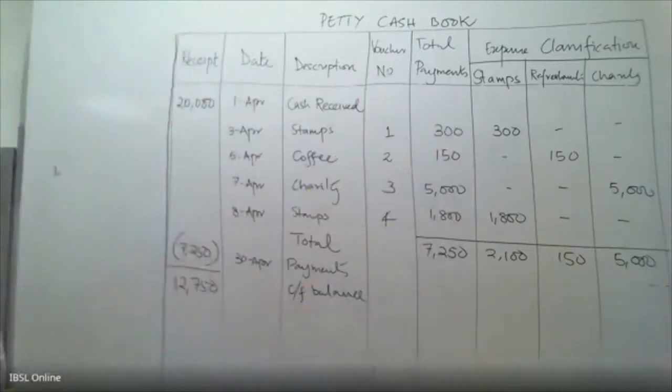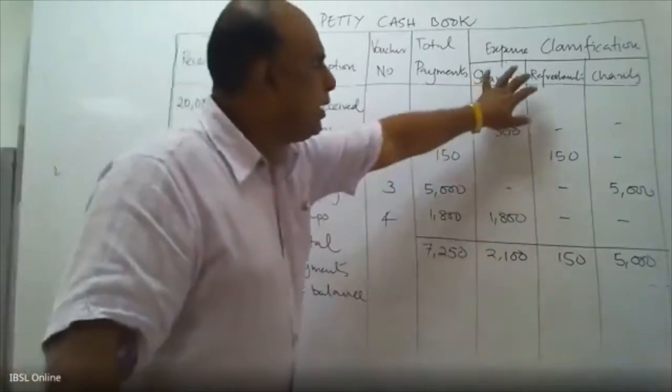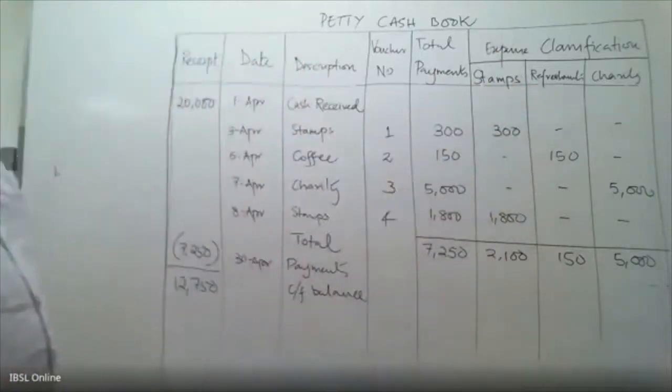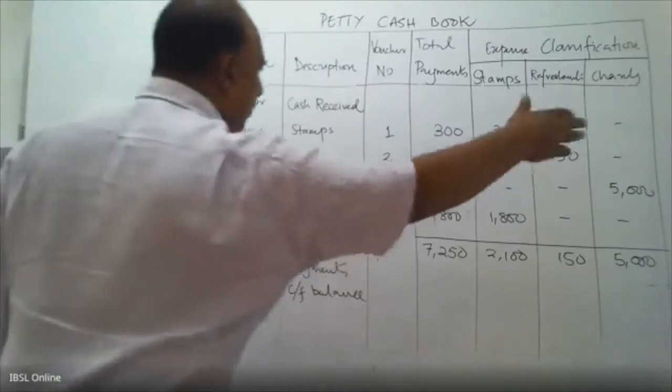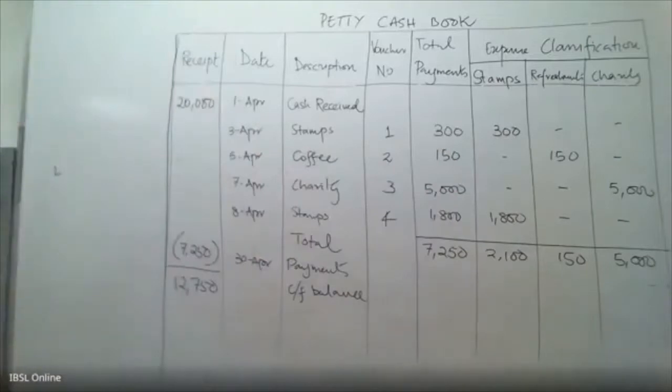No, we will group them accordingly and say refreshments. Similarly, you might have purchased various types of stationery, but we don't list every type of stationery in the columns, because then the number of columns will be very lengthy. So we don't do that. We try to group them according to some common understanding.